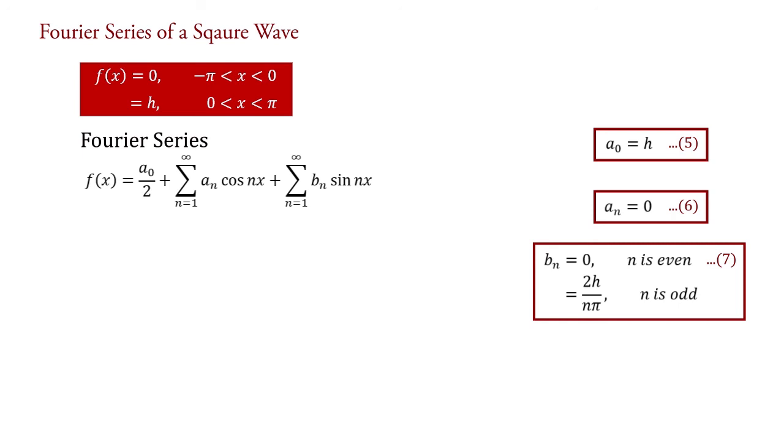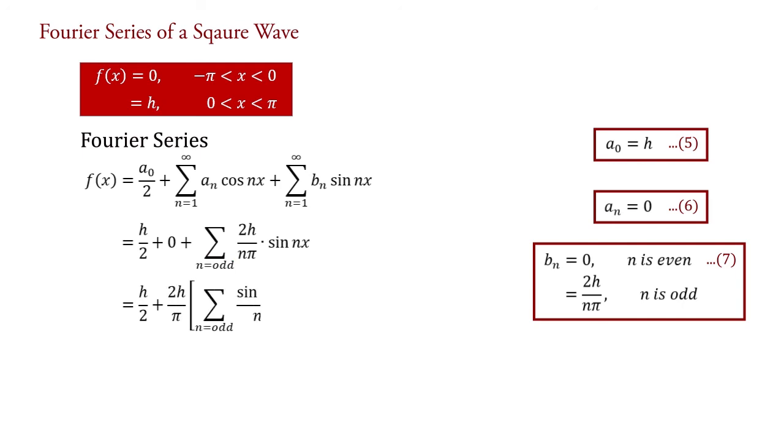Substituting the value of coefficients a0, an and bn from equations 5, 6 and 7, we get f of x equal to h by 2 plus 0 plus summation over n equal to odd 2h upon n pi into sin nx. Here we put the value of a0, that is h. Here an equal to 0, so we put 0. And here bn is only available for odd value of n, so here we write n equal to odd.